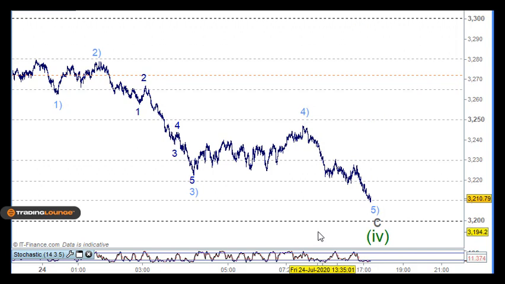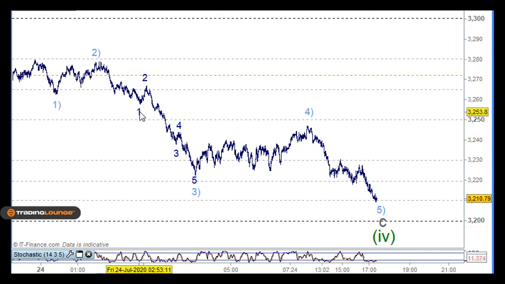In this case, I think we got wave 1 and 2 way up in here, just a small little thing, and then that would leave us 1, 2, 3, 4 and 5 here. So this is how I'm viewing it at the moment.